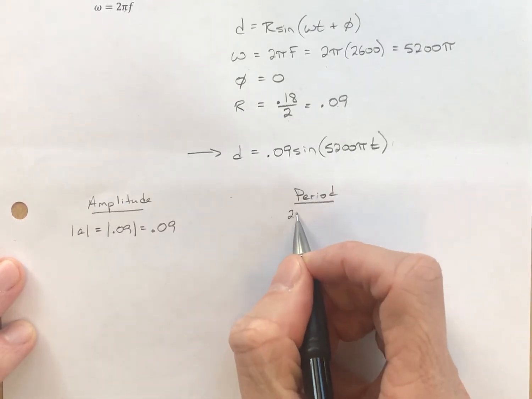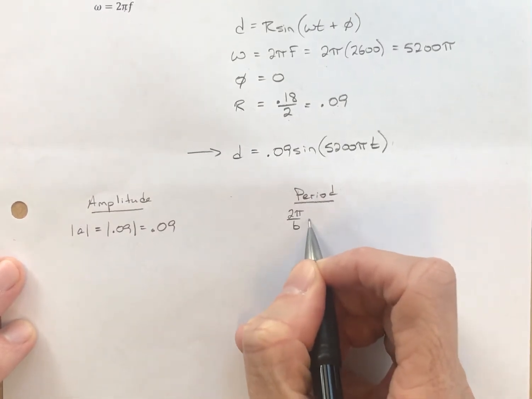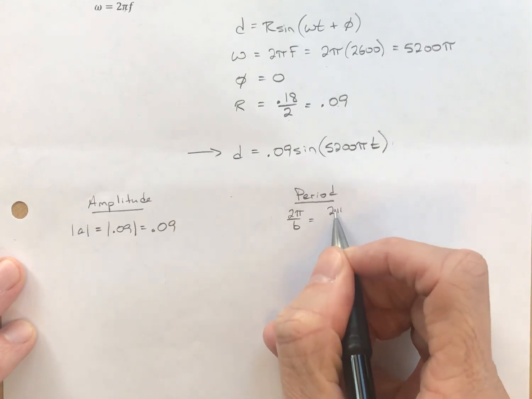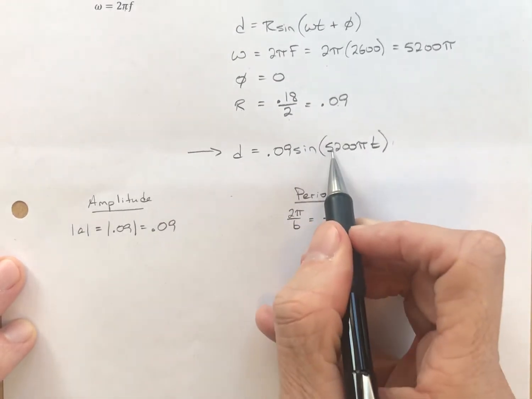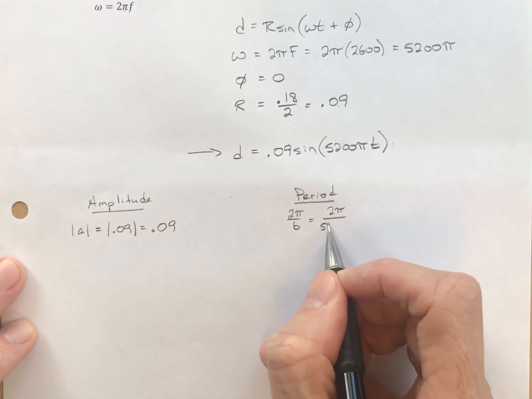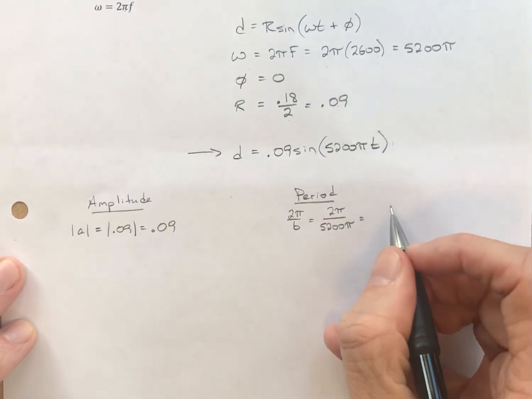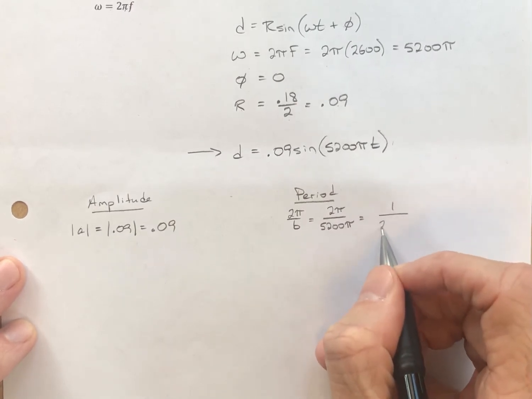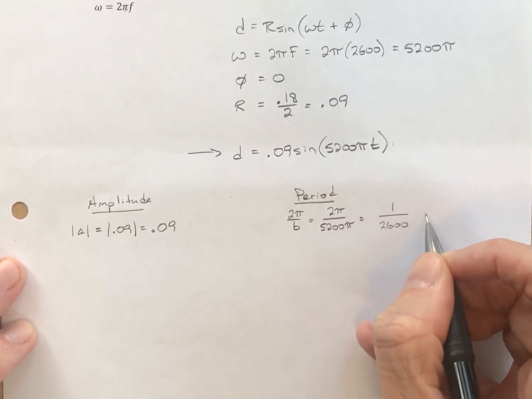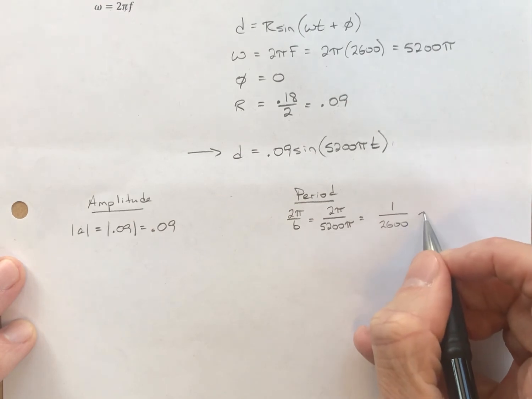The period is 2 pi over B, which is 2 pi divided by 5,200 pi. Well, the pi's cancel, and we get 1 over 2,600. That is awfully, awfully small.